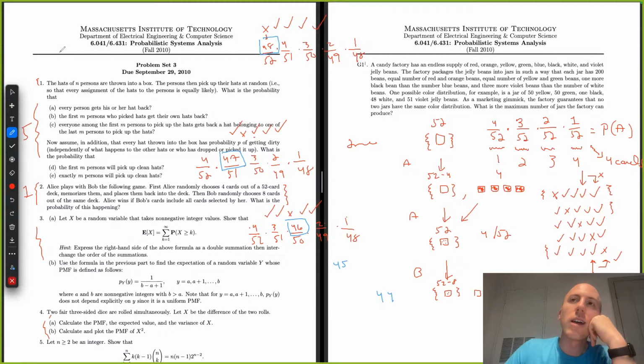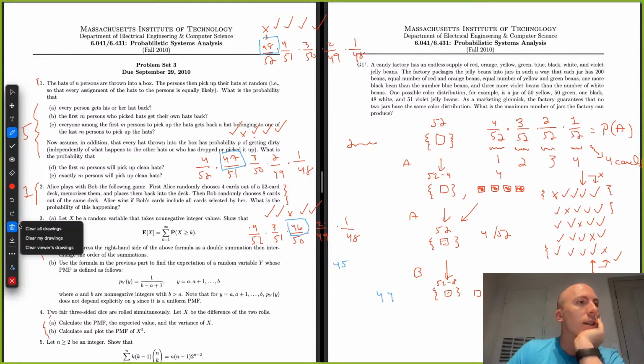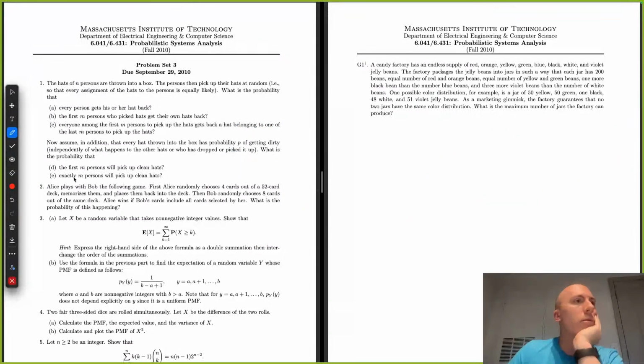Okay. Now we're getting somewhere. So all those 8 cards are going to be equally likely. So we just look at all possible 8 cards, and then we just see how many of those are the Alice winning condition. And so we just divide by that. So dang, okay, nice. That's how this becomes a counting problem.